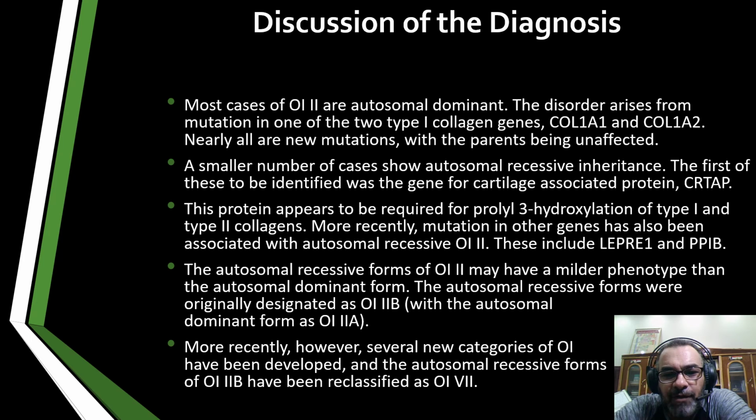More recently, however, several new categories of osteogenesis imperfecta have been developed, and the autosomal recessive forms of osteogenesis imperfecta type 2B have been reclassified as osteogenesis imperfecta type 7.